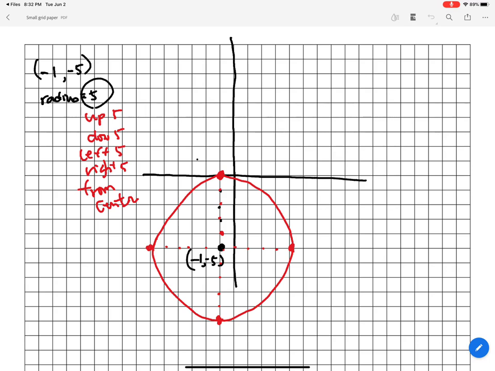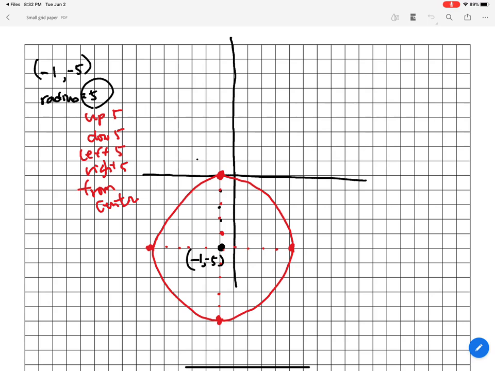At least draw a semi-respectable circle. All you need is the center and the points above, below, left, and right. Those are the 4 easiest points to get. So if you got those 4 points, I'm perfectly happy.